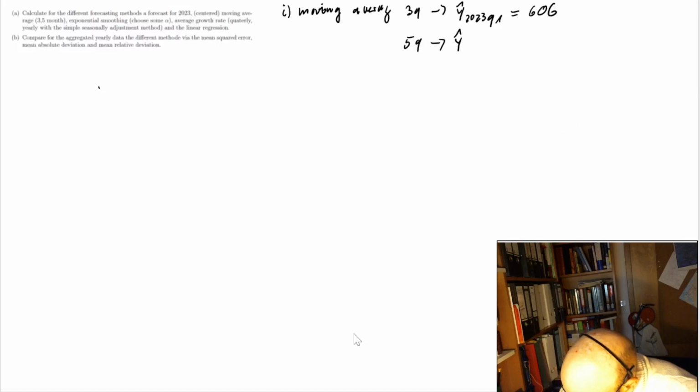Y hat 2023 Q1 equals 574.6. So this is 1/3.